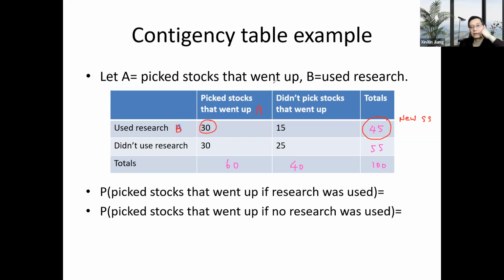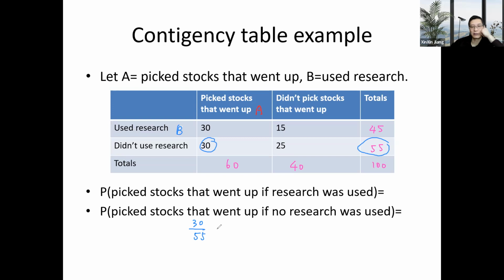Well, one way of doing that is just to use the counts. Maybe you hate using mathematical formalization. You just want to do the direct counting. Okay, so picked stocks that went up if no research was used. And went up 30, so it's 30 out of 55. You could use the formalized mathematics using A, B, and intersection, blah, blah, blah.